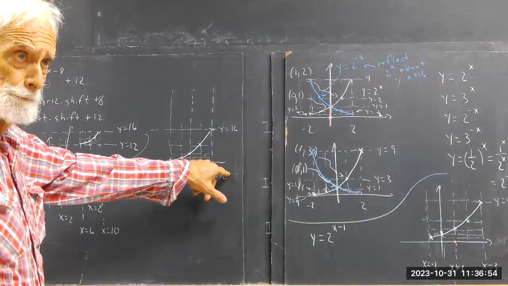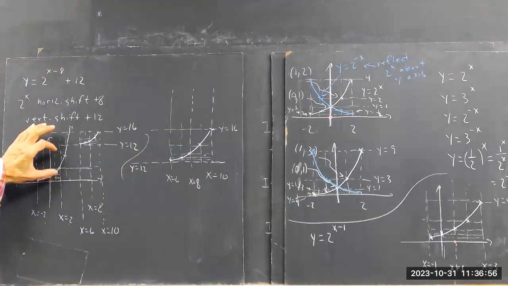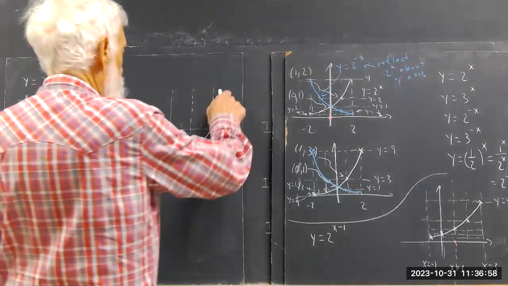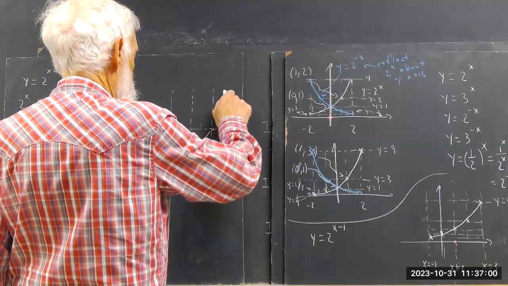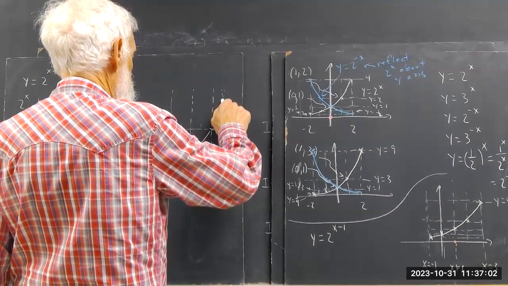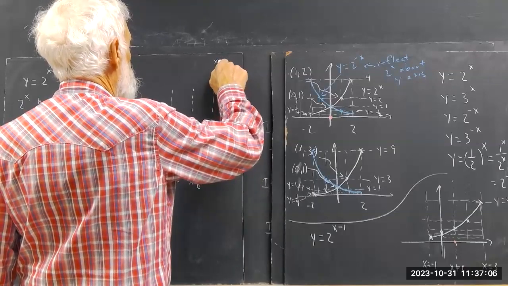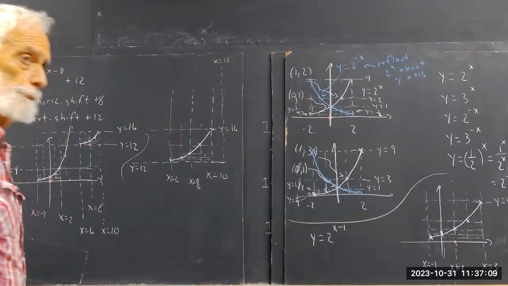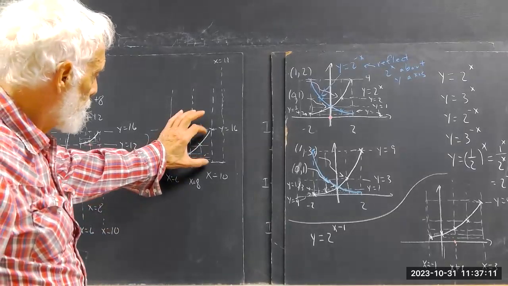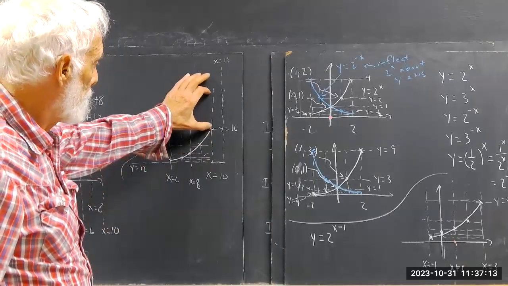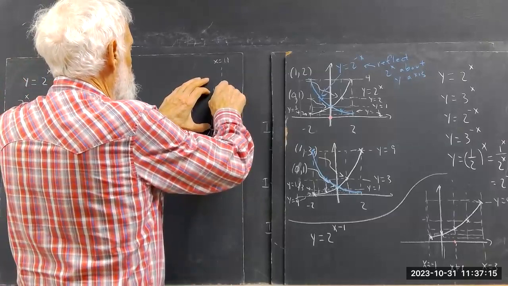Does that make sense? So if we're going to do what we did here, if we want to move over one unit, x equals 11, our distance from this line is going to have to double. That's going to give us a point up here.